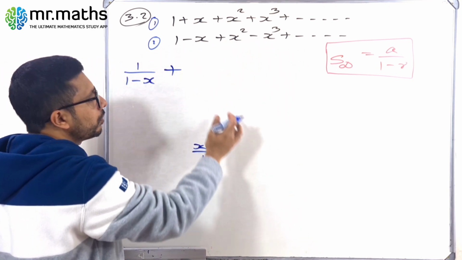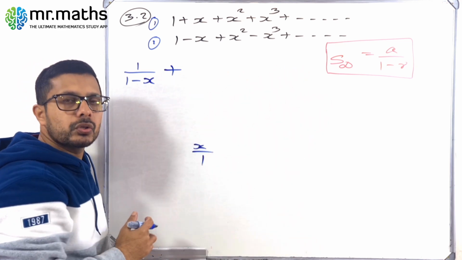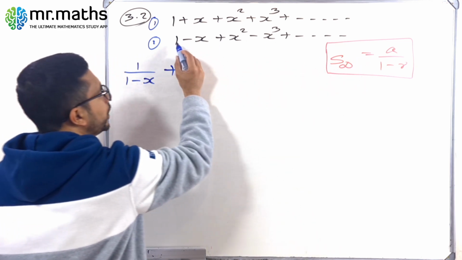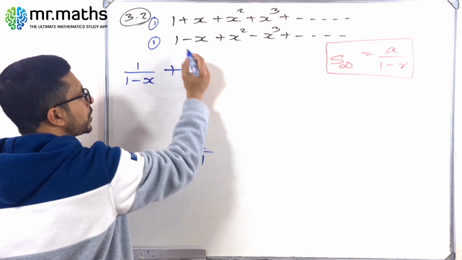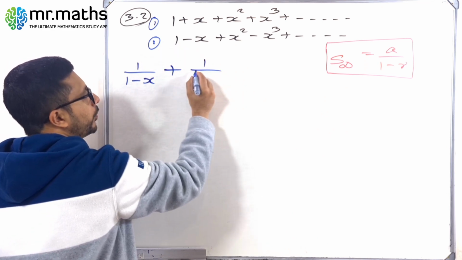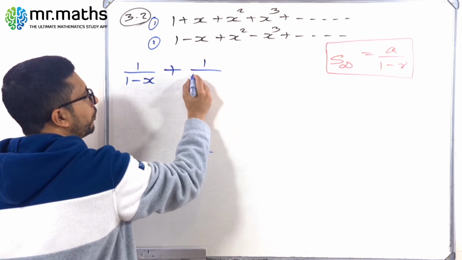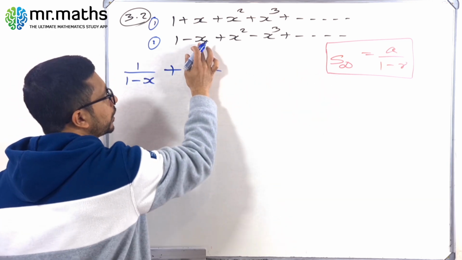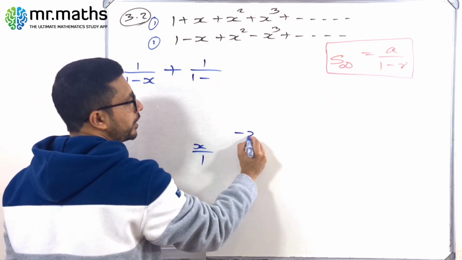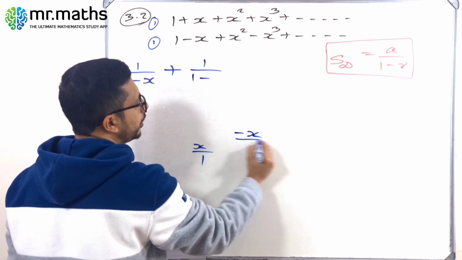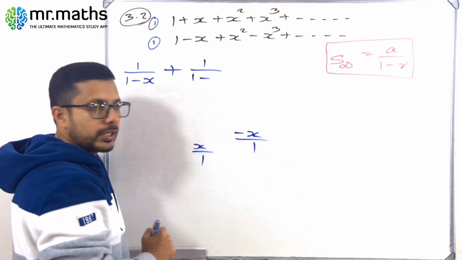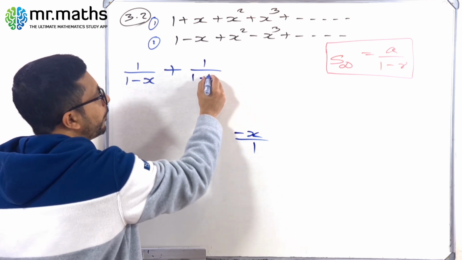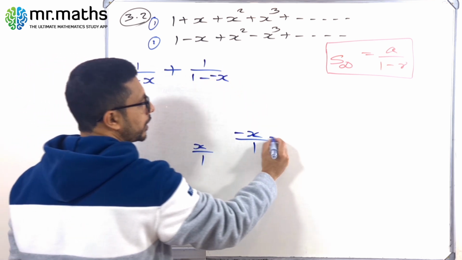There also the formula is the same. What is the formula? a divided by 1 minus r, where in this series also the first term is 1. What is the common ratio here? Second term, that is minus x, divided by the first term. That means here it is minus x.